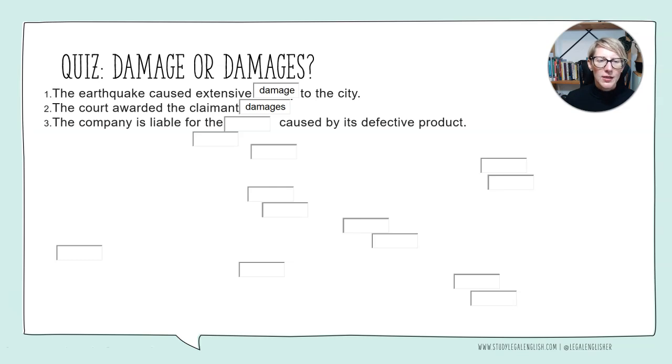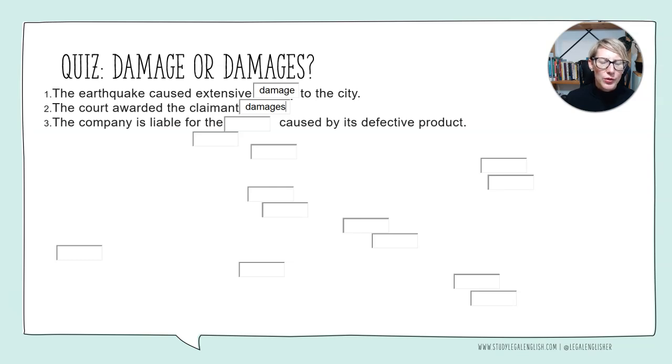The company is liable for the blank caused by its defective product. So the defective product caused something, and the company is liable for that something. The company is responsible for causing something. So you can't really cause damages, because if you're causing damages, you're causing money to happen.